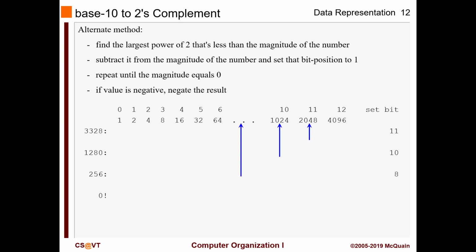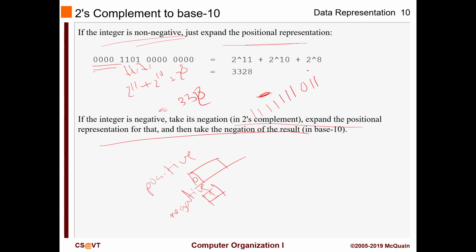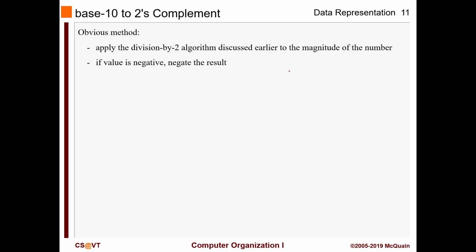Representing a negative number from the binary is kind of tricky, because for a positive number you could have just done something like this, right? But for negative, it doesn't work the same way.